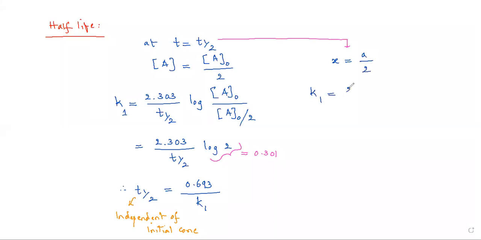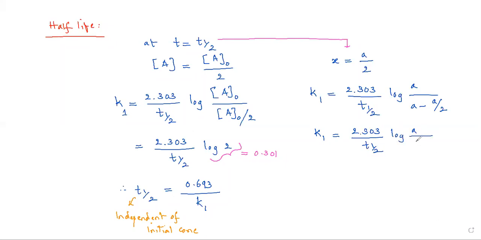Substituting this in the K1 expression, 2.303 by T half is equal to log A as it is, A minus X is A by 2. Now K1 is equal to 2.303 by T half into log, of course, this is A by 2, nothing but log 2, nothing but 0.301.